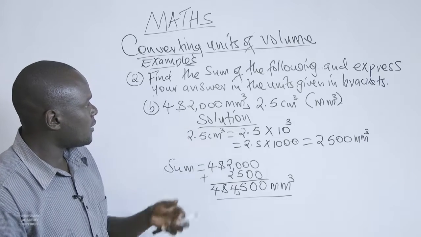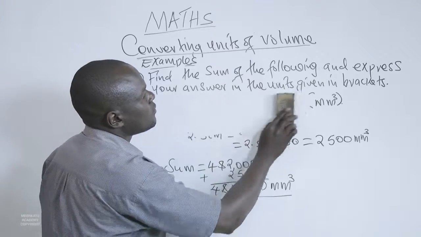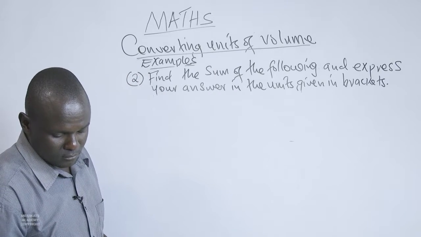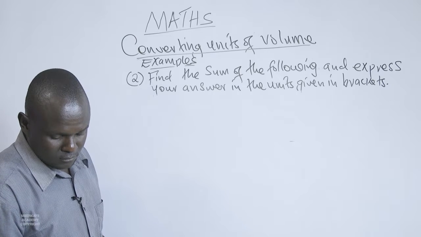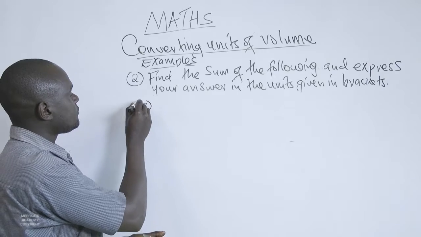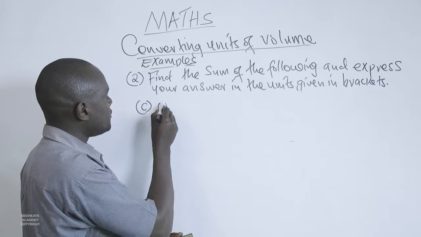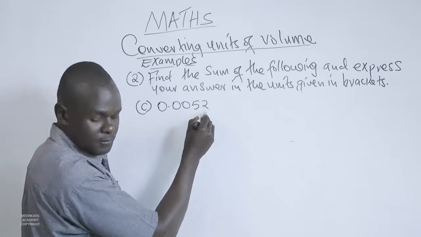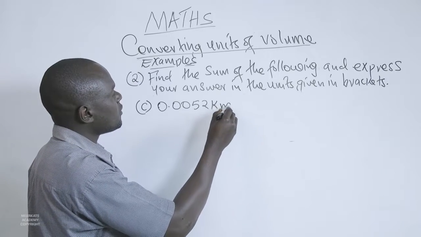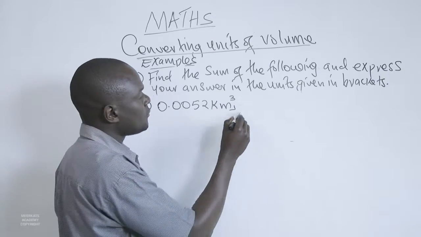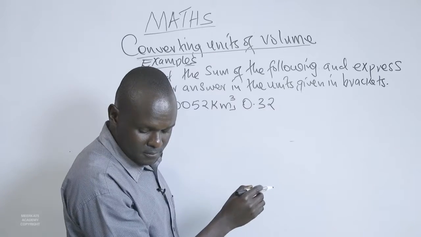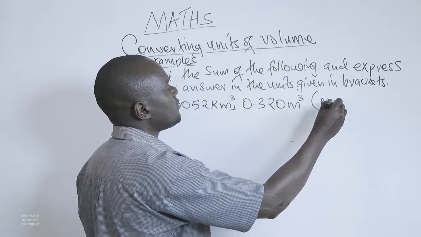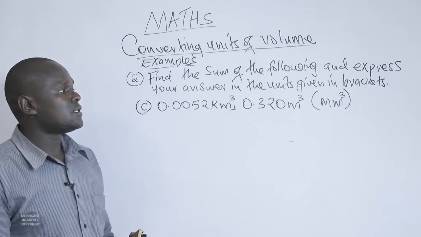Let us look at one last example on this second part. We want to find the sum of 0.0052 cubic kilometers and 0.320 cubic meters, and our answer should be expressed in cubic millimeters.